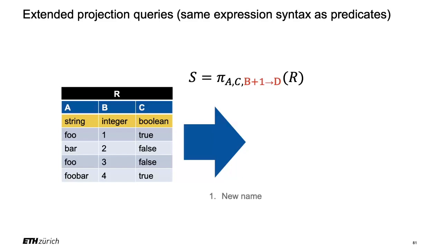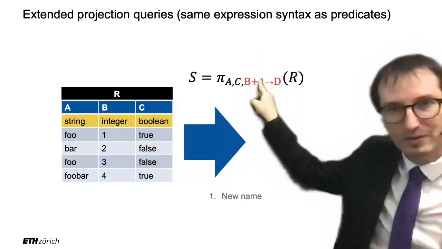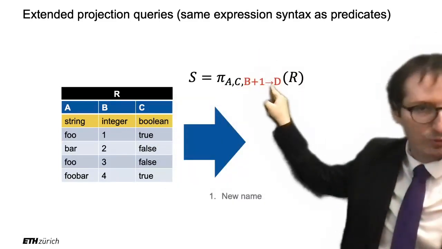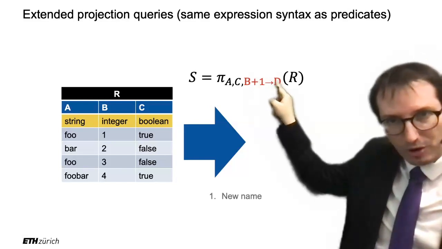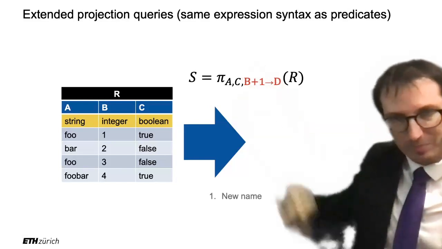For example, you could say, I create a column D, and I populate it with the same values as in B, but +1. So all I need to say is B+1 as D. This is one of the ways to mathematically assign it. So I create a column D out of B+1.